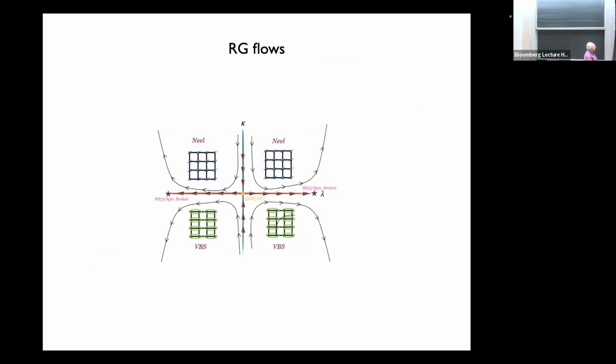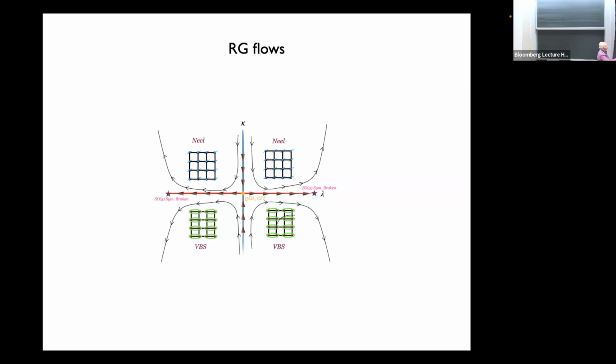So the RG flows will then look like this. If I turn off kappa, so I just have the continuum quantum field theory defined by the perturbations of the CFT, for either sign of lambda, I flow to the SO5 broken phase. Now, if I turn on kappa, kappa is irrelevant at the CFT, but once I flow to the symmetry broken state, it's going to determine whether I get Neel or whether I get valence bond solid.